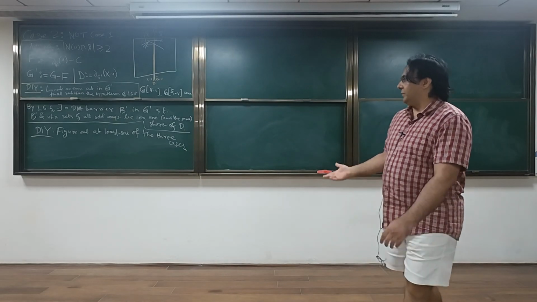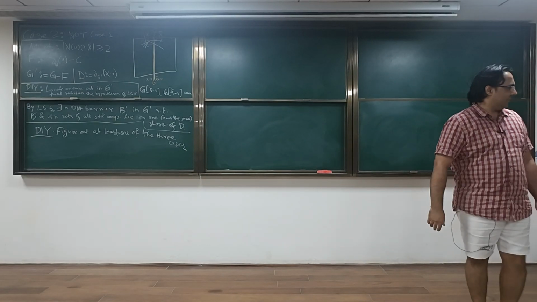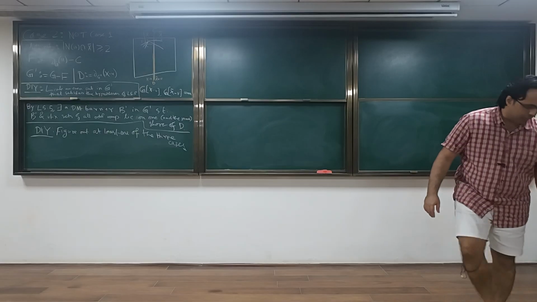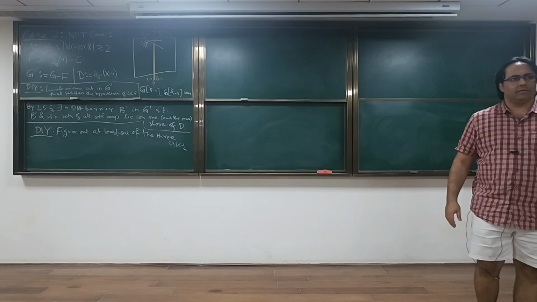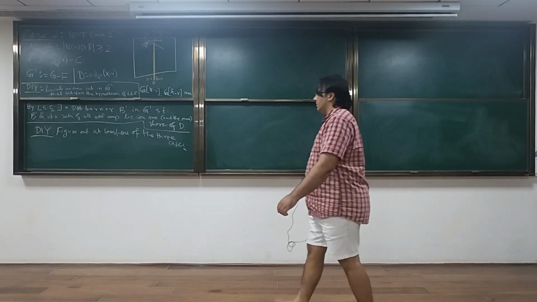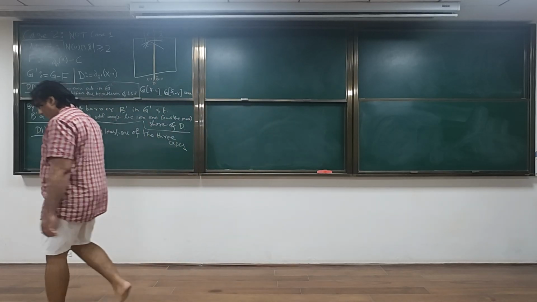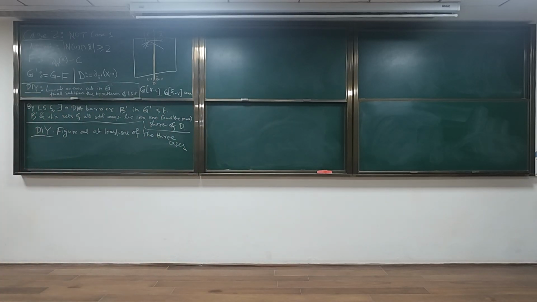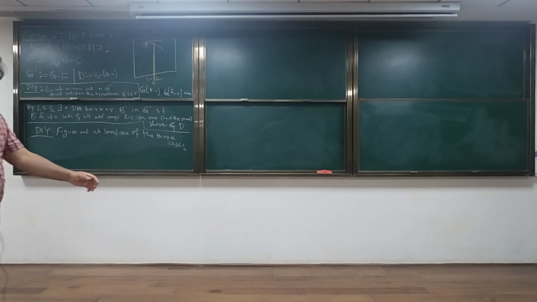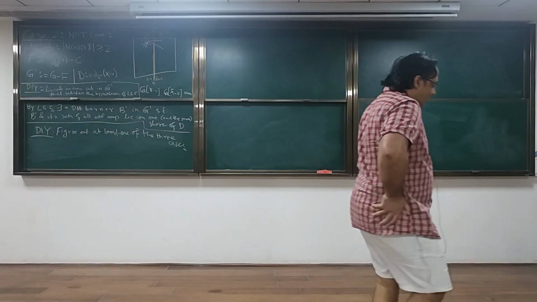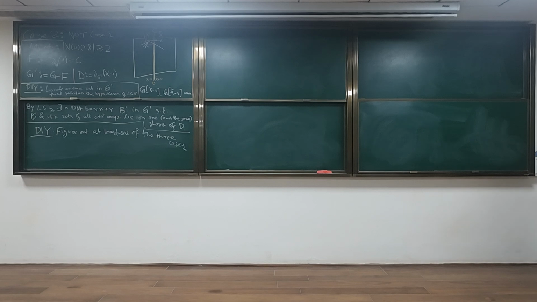I would argue that two of the three cases are actually quite easy. The third case is the one that requires some amount of work. Make a drawing and draw all the three cases. The three cases are with respect to u.